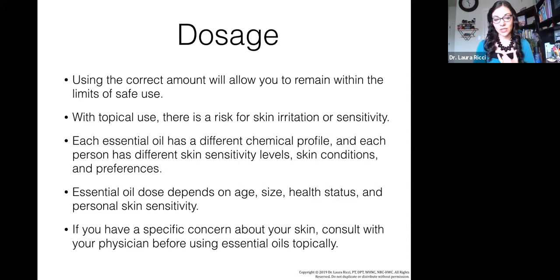So essential oil dosage is going to depend on your age, your size, your health status, and your personal skin sensitivity. If you have a specific concern about your skin, talk with your physician before using essential oil topically, or work with your essential oil educator on that. Again, with Prime Meridian coming with doTERRA and these new integrative health clinics coming, doTERRA is doing much more research.